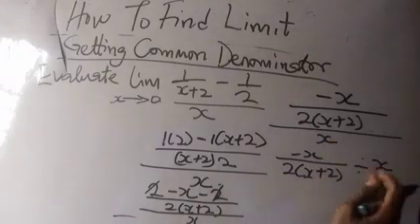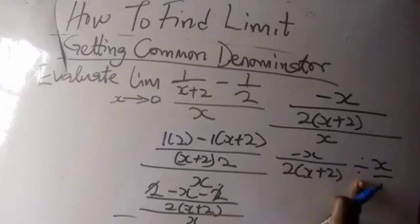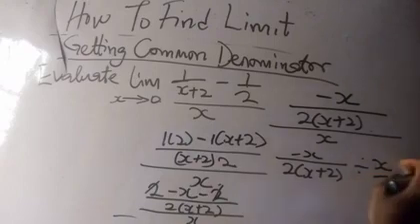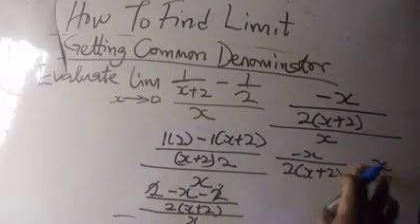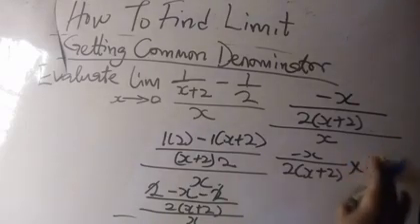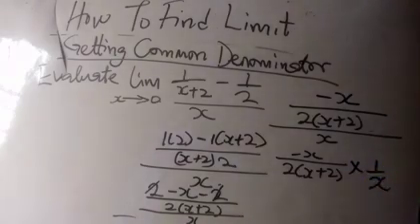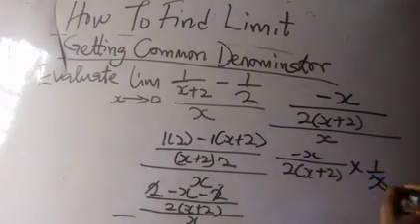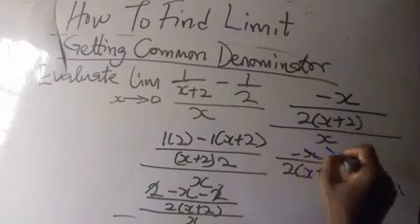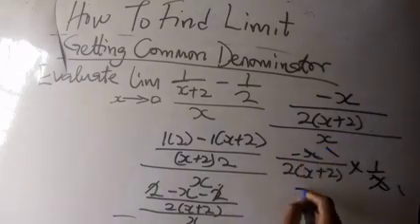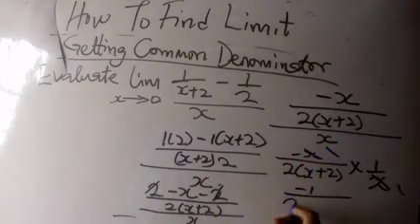And if we change this division sign to multiplication, it's going to be the reciprocal of x over 1. So we are having 1 divided by x. In this case, x crosses x. So we have minus 1 divided by 2 into x plus 2.